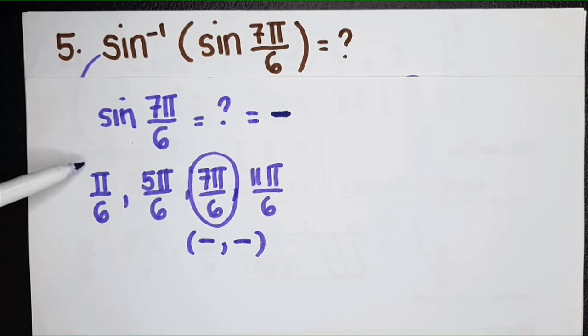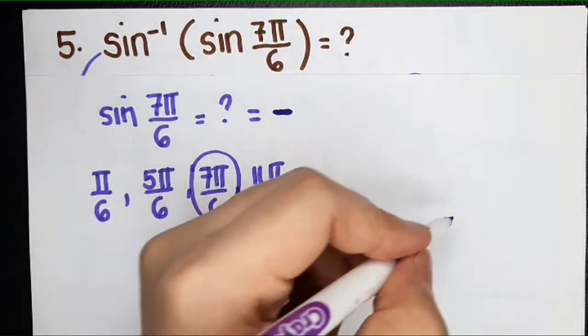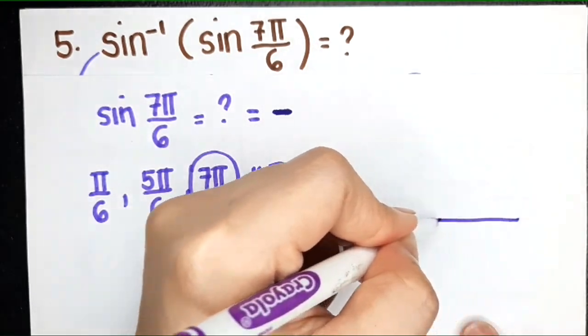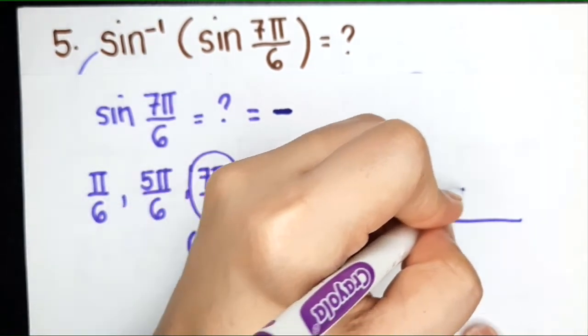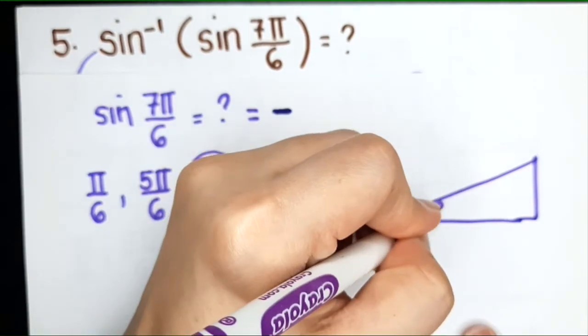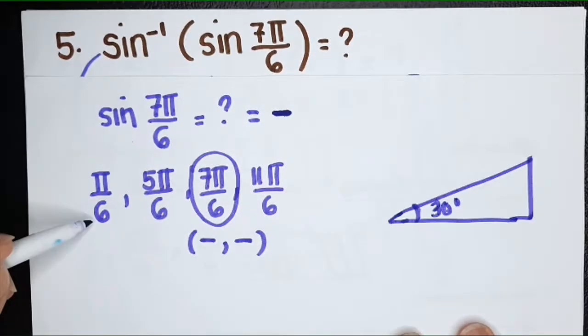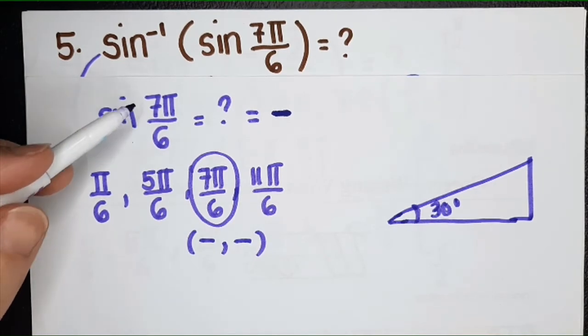Si pi over 6, ito ay 30-degree angle. Okay? So, you may want to recall a 30, 60, 90 triangle. Ito. Okay? So, ito yung 30. Diba? Si pi over 6. And we're looking for sine of 7 pi over 6.